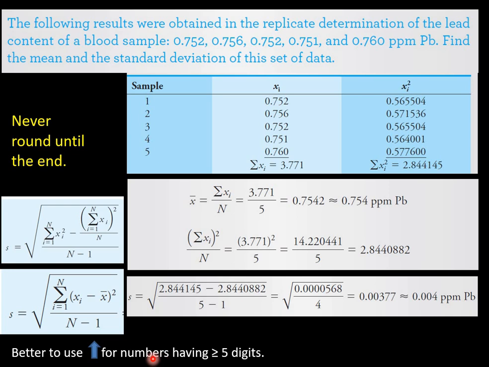And one more point, this equation is more convenient for numbers with more than 5 digits. And of course, this x average and this s, the sample average and sample standard deviation, are better estimators of mu and sigma respectively, if n is large.